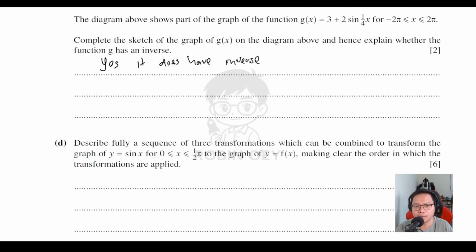Now describe fully a sequence of 3 transformations which can be combined to transform the graph y equals sine x for x between 0 and half pi to the graph y equals f of x, making clear the order in which the transformations are applied.